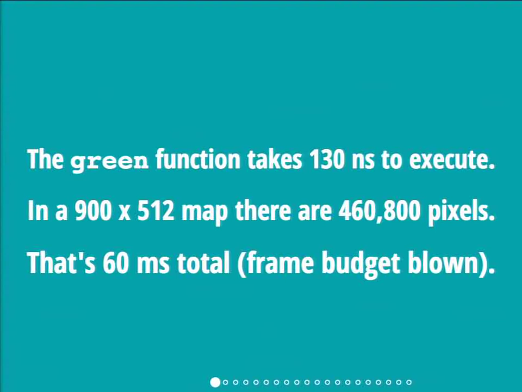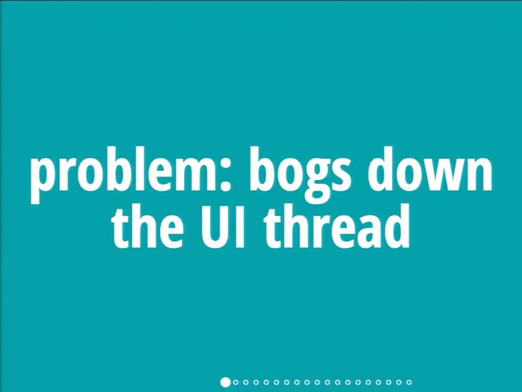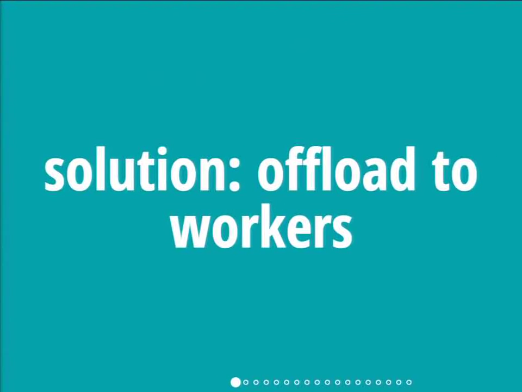So we can't do this. We can't block the UI thread while running all these operations. It's a problem to get in the way of that event loop. You want to be responding efficiently to user events and not doing a lot of calculation that slows that responsiveness down. So the solution is to offload this work to workers.